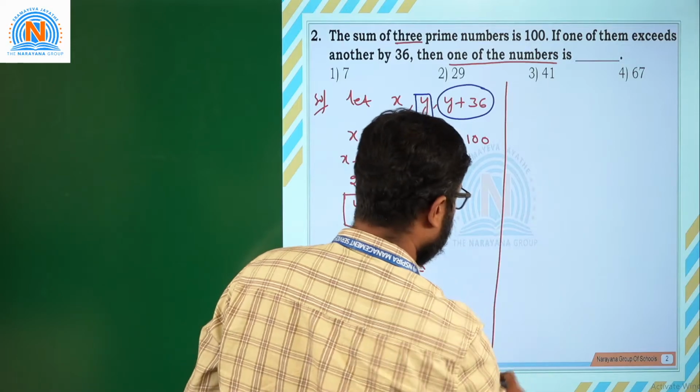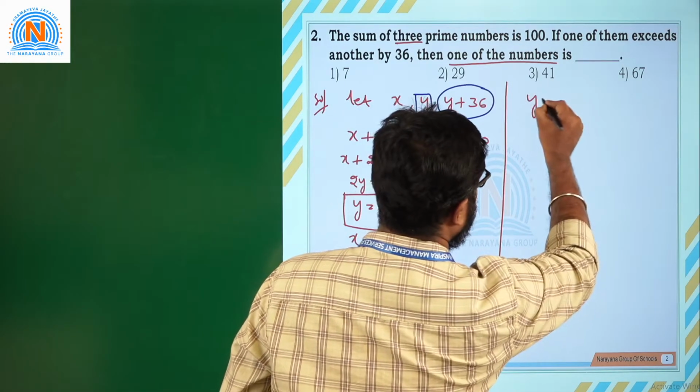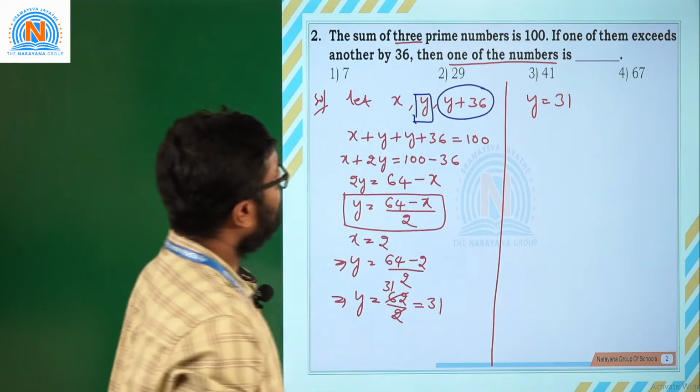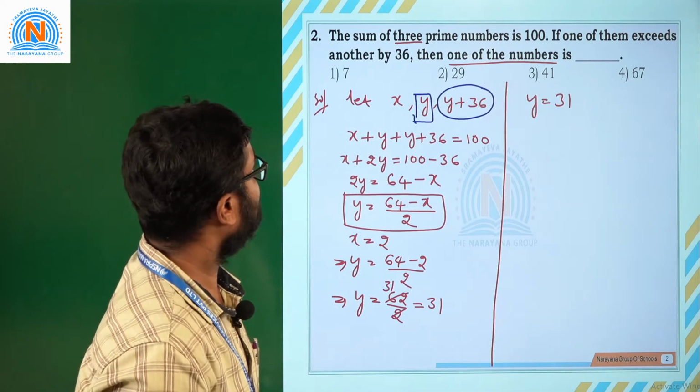So if you observe here, y is equal to 31 children. So we got one number, that is 31.